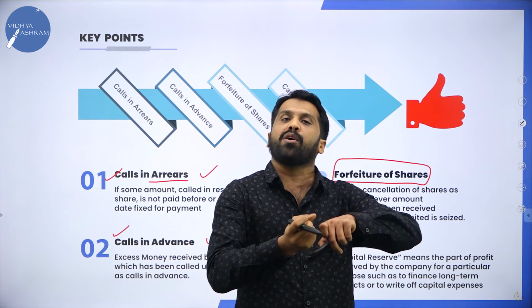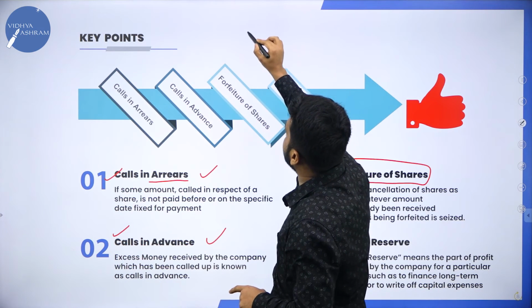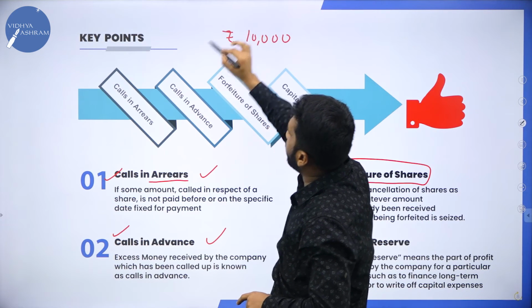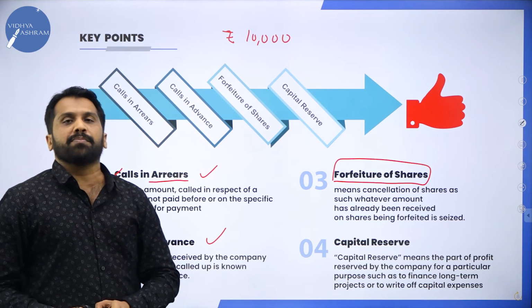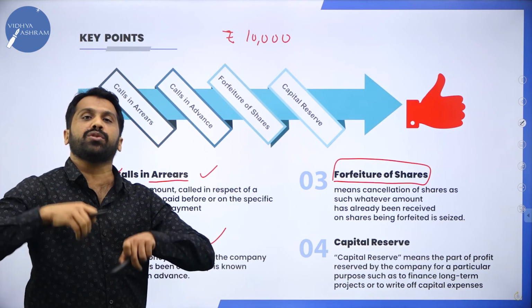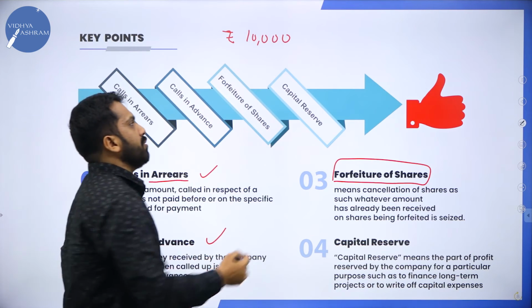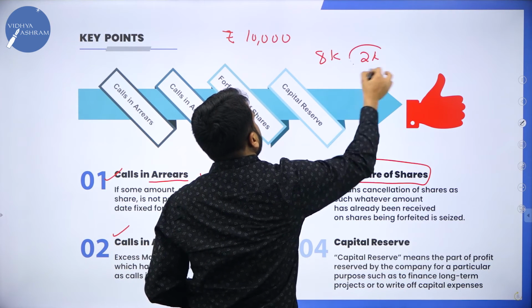Whatever profit you earn, for example, this year my profit is 10,000. How much is your profit? 10,000. Now, out of 10,000 profit, you will not use or utilize complete 10,000. You may use 8,000 and balance 2,000.